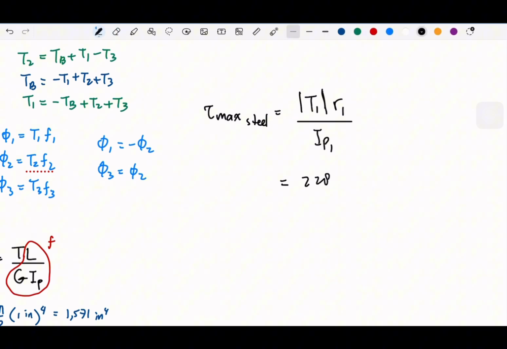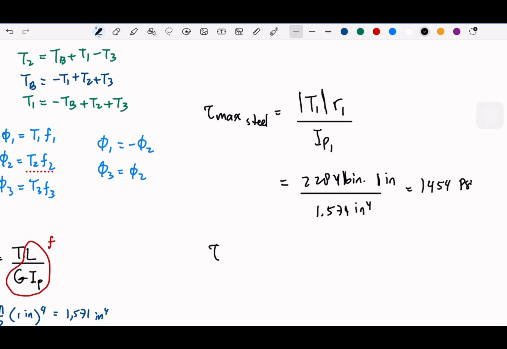So 2284, 1 inch divided by 1.57, 1 inch with power of 4. Oh, I forgot. Should be pounds and inch. And this will be 1454 psi. And tau max for aluminum.